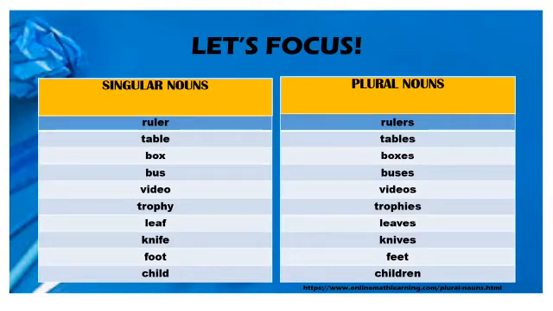Video we change into videos. Trophy we change into trophies. Lift we change into lifts. Knife we change into knives. Foot we change into feet. And then child we change into children.